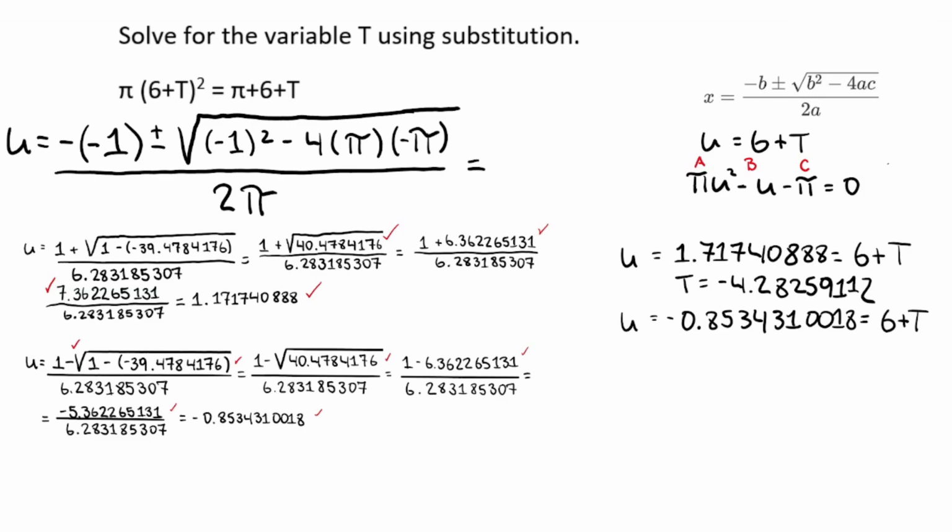Your second t value would be -6.8534310002. So here are your two t values. If you plug those back into your original equation, it should balance out. And that's every step of figuring out how to answer this question.